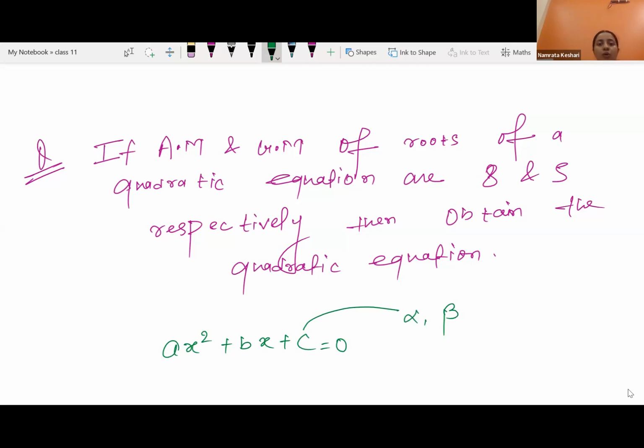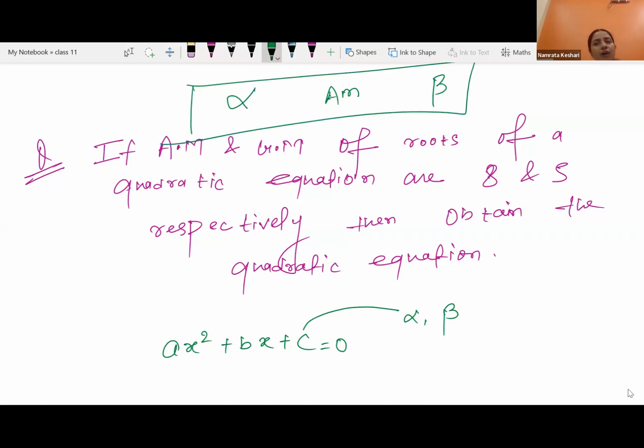Now the arithmetic mean and geometric mean of the roots, that means of alpha and beta. In between them we can generate the arithmetic mean, and in between alpha and beta we can generate the geometric mean. Yes or no? Yes, ma'am. This arithmetic mean and geometric mean are given as 8 and 5.